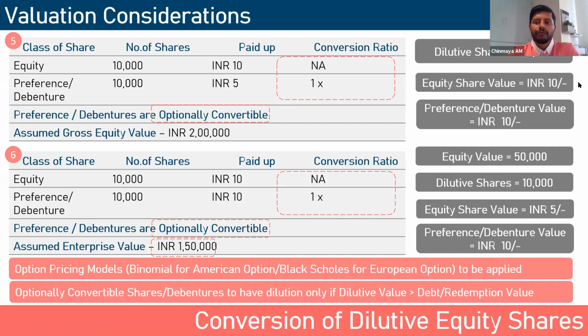We'll see in the next option, or even in this case, the way we need to arrive at the price of option would be based on binomial model or any model. If it is American option, it should be binomial model. If it is European option, it could be only Black-Scholes. Since here enterprise value is equivalent, giving is sufficient that both the categories of shares are getting, then it seems like very simple.